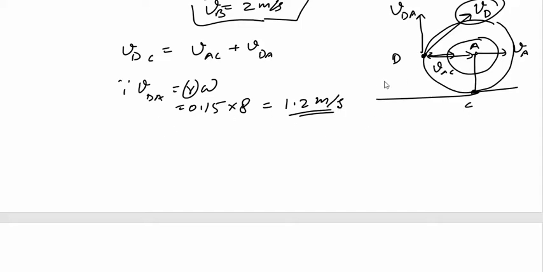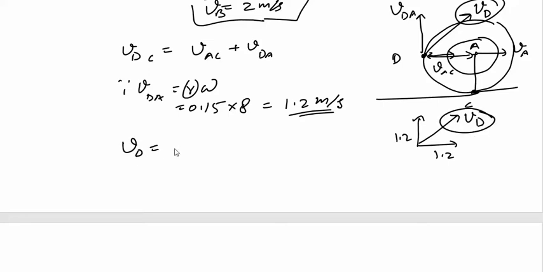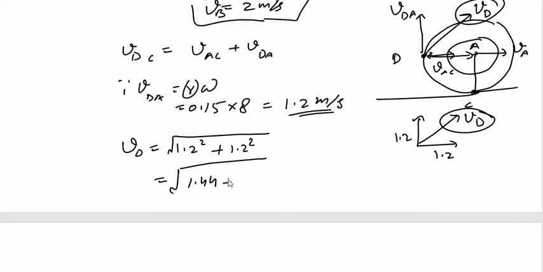And as we know that this is 1.2, this is also 1.2. What is the resultant of this? So we can write VD is equal to the square root of 1.2 square plus 1.2 square, that is 1.44 plus 1.44 is 2.88.